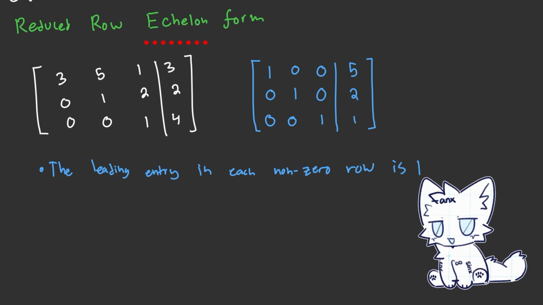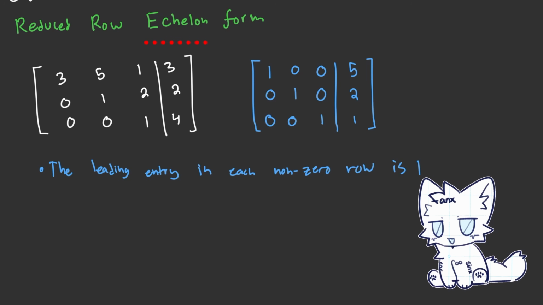So if you look at every pivot, or the non-zero leading number in every row, you'll notice that it's 1. It can't be 3, it can't be 10. Each pivot has to be 1 in each non-zero row. Okay?